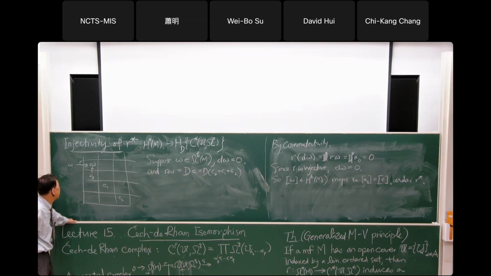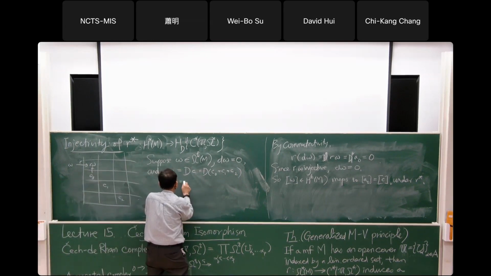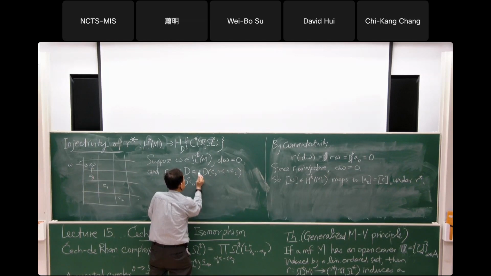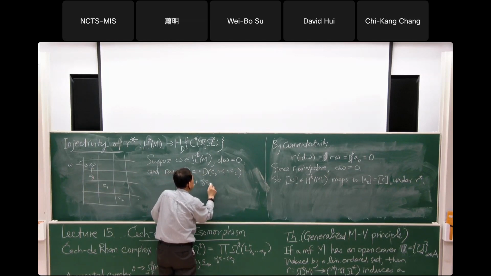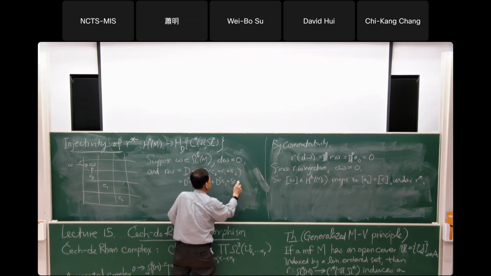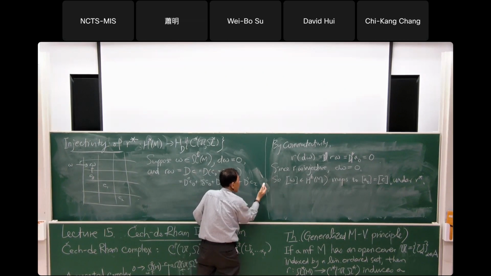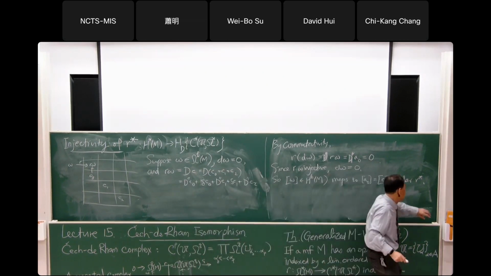So now if you write this out, you see that this is d double prime C0 plus delta C0 plus d double prime C1 plus delta C1 plus d double prime C2 plus delta C2.